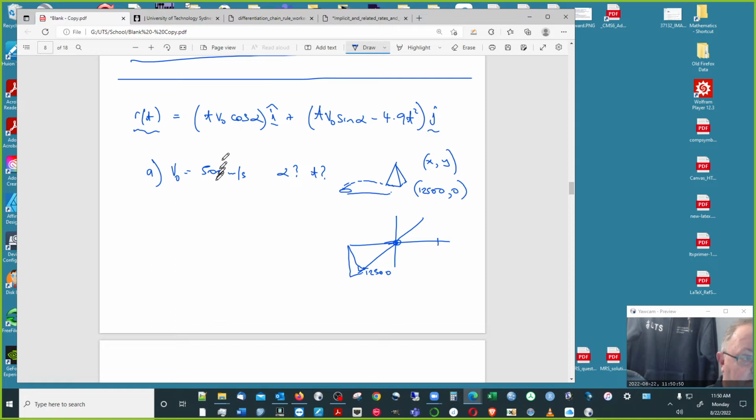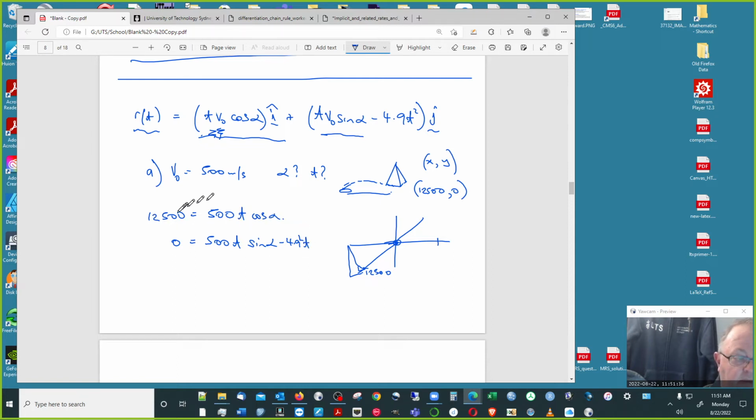So for the first one, for this component here, we've got 12,500 is equal to 500 t cos alpha. For the second bit, that's 0. 0 is equal to 500 t sine alpha minus 4.9 t squared.